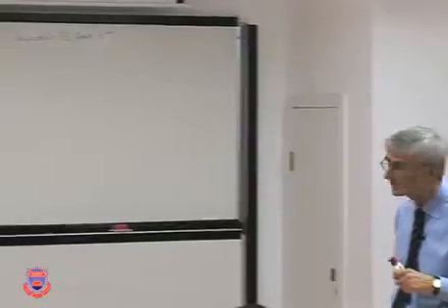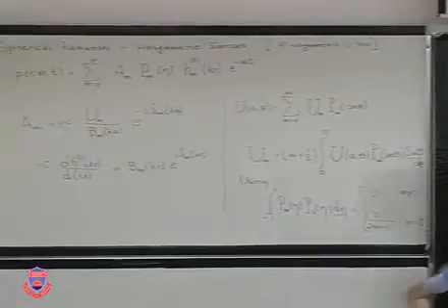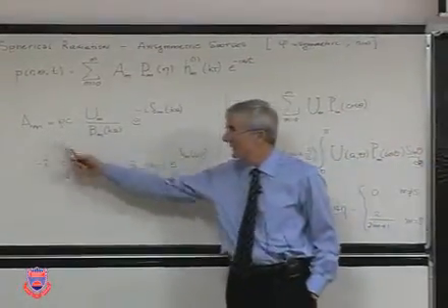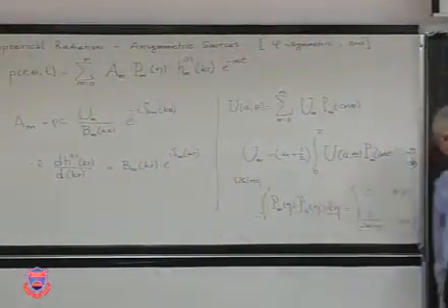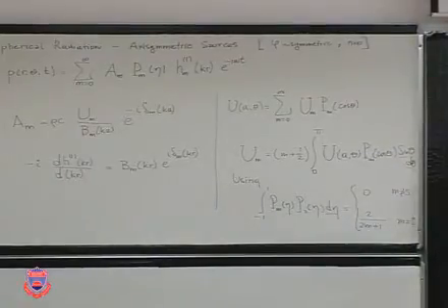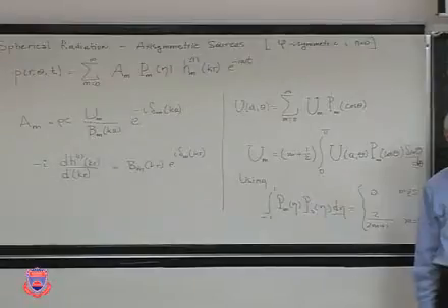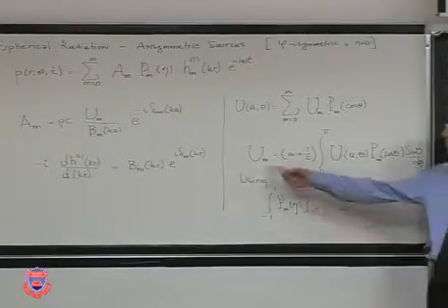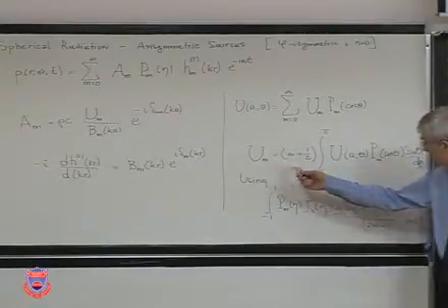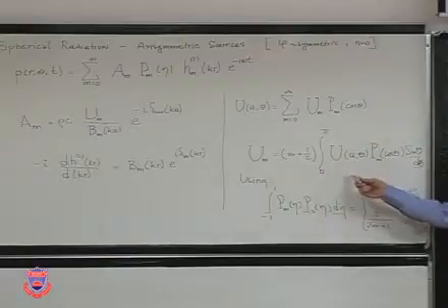We can find A_m. Okay, A_m. All right, to find A_m, what do you need? You need, speak up. You need U_m, okay? To get U_m, you take this integral, okay?